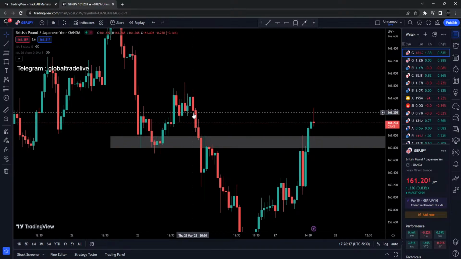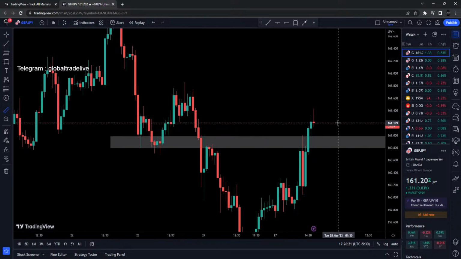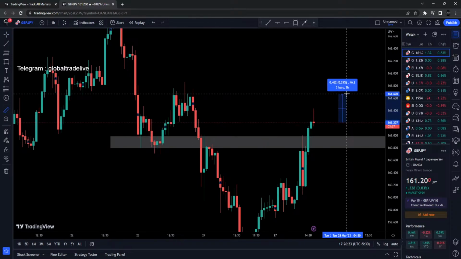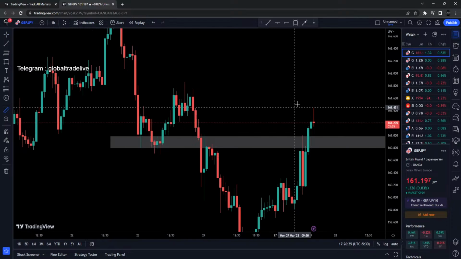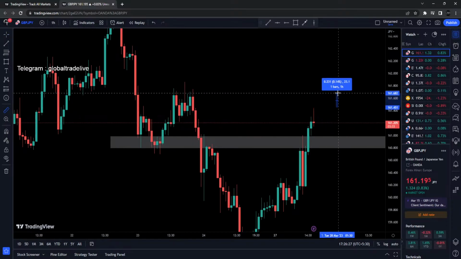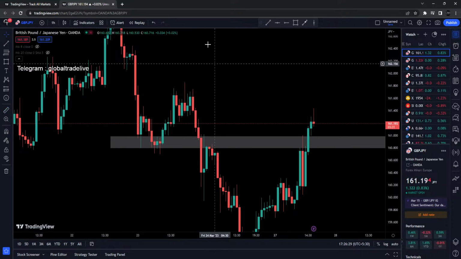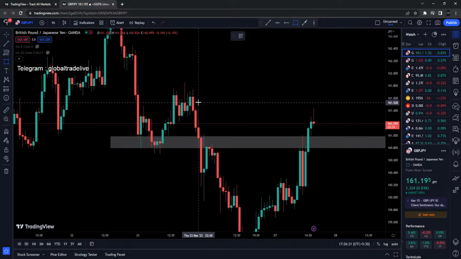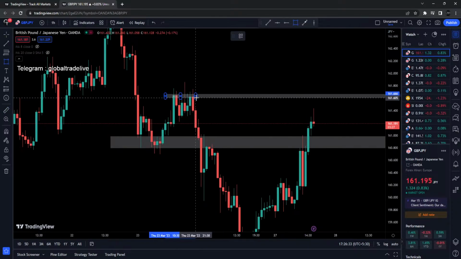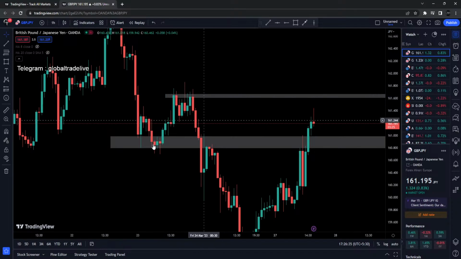By looking at the 1 hour time frame, if you look on the left over here and measure this range, it's about 46 pips of range. But we are going to take buys above this wick, where there is not much range. In the 1 hour we have this area of resistance which we have just marked.